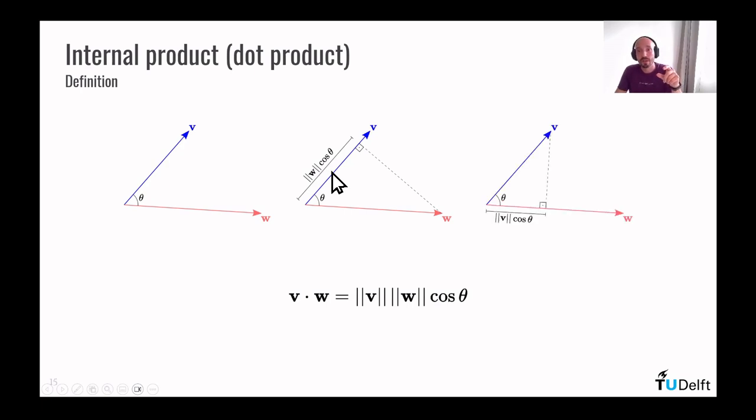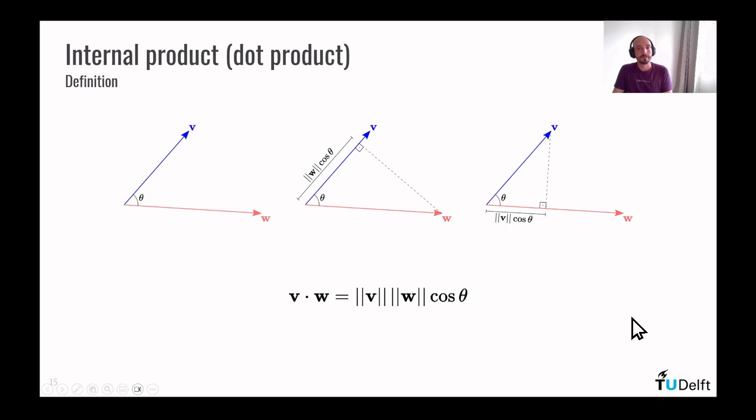We can think of it as the length of w multiplied by the projection of v into the direction defined by w, and the projection of v into the direction defined by w is given by the modulus of v times cosine theta. Okay, so this is just an interpretation, and this is the definition of internal product or dot product.